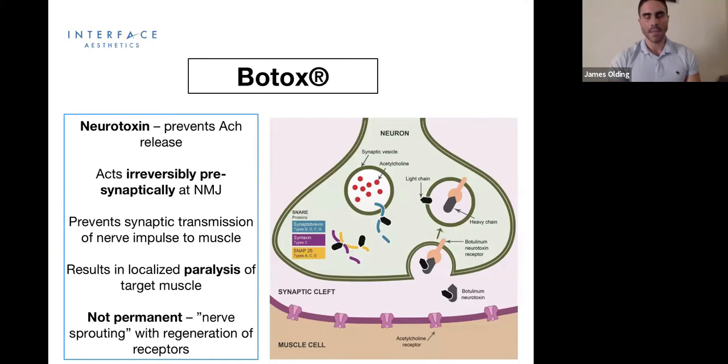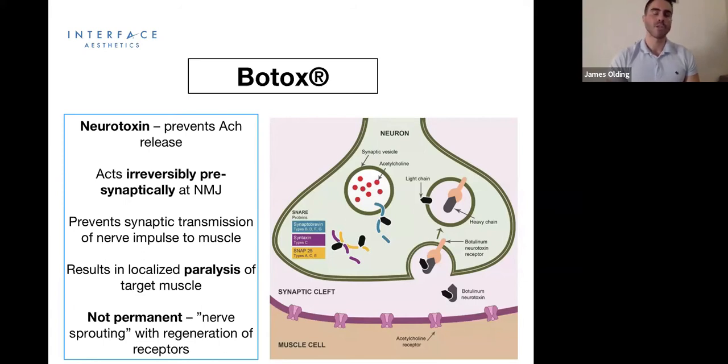What it then does is that the light chain breaks off, and it basically destroys the SNAP25 complex. It's called the SNARE complex of proteins. And that is involved, as we can see in this diagram, of vesicles of acetylcholine joining the presynaptic membrane, budding into the synapse and carrying the nerve signal across the synapse and allowing the muscle to contract.